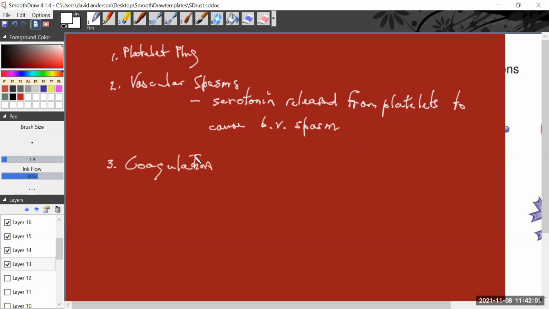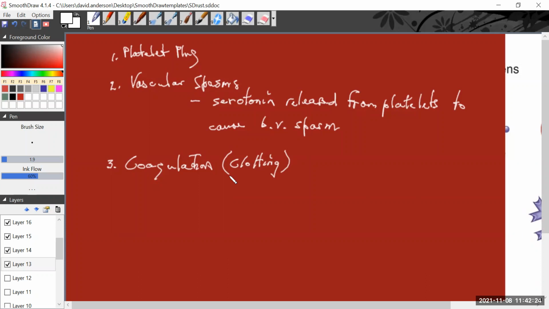And coagulation is a fancy word for clotting. So in coagulation, there's going to be these series of steps. I mentioned earlier that it's an example of a positive feedback mechanism. So there are chemicals that get released.